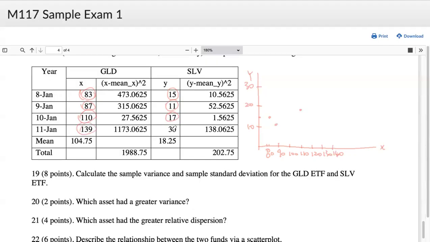Then 139 and 30, somewhere here. Okay, so I have these points. We have this one, this one, this one, this one. We could see this is a positive linear relationship. Okay, that's it for the fourth exam review.